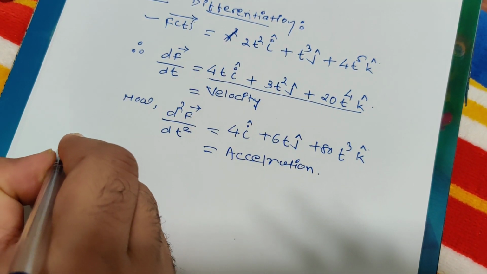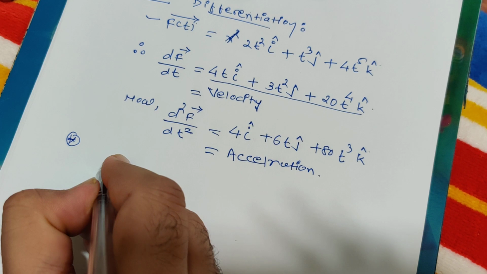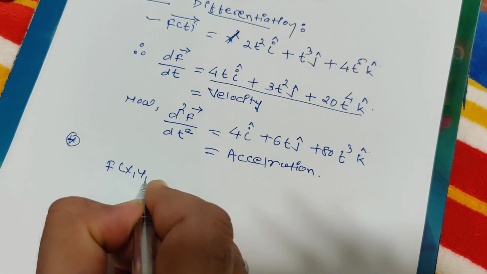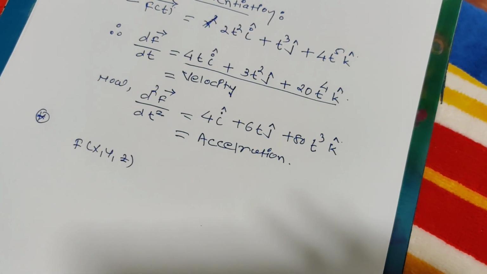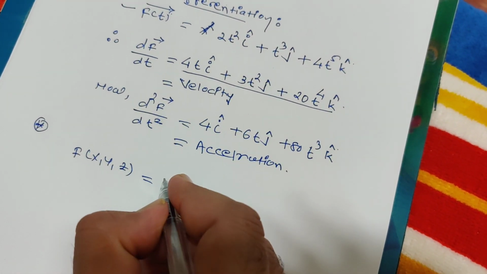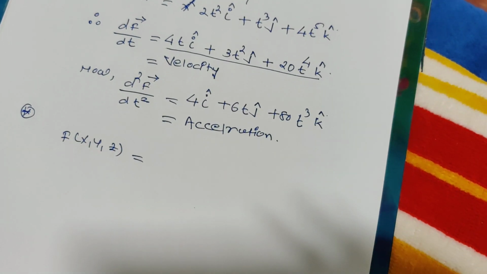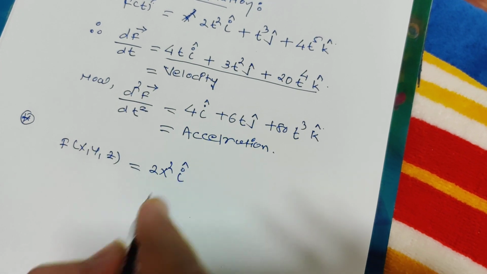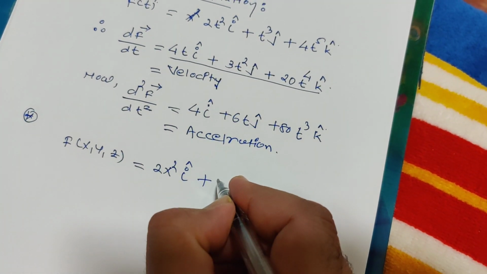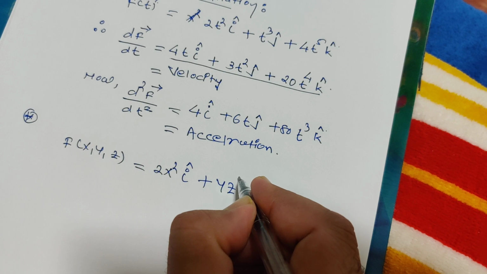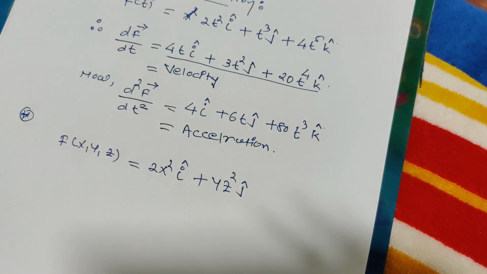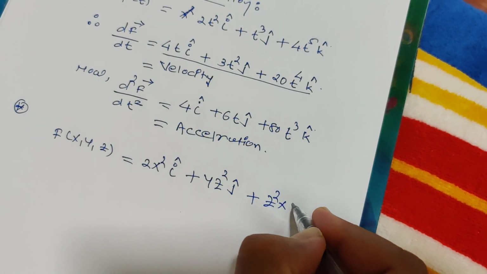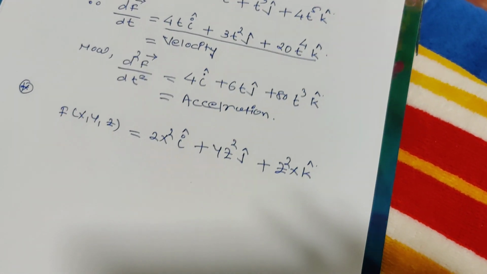Now if we have f(x, y, z) is equal to 2x square i caret plus y z square j caret plus z square x k caret, students.